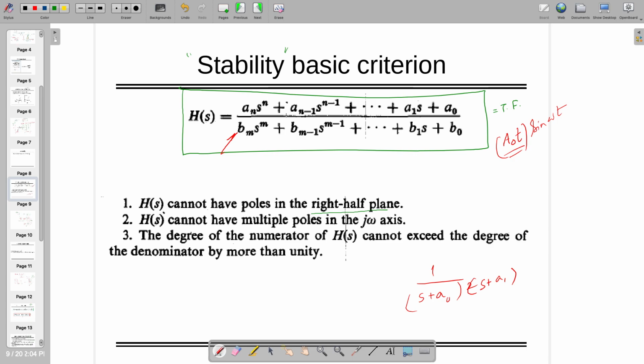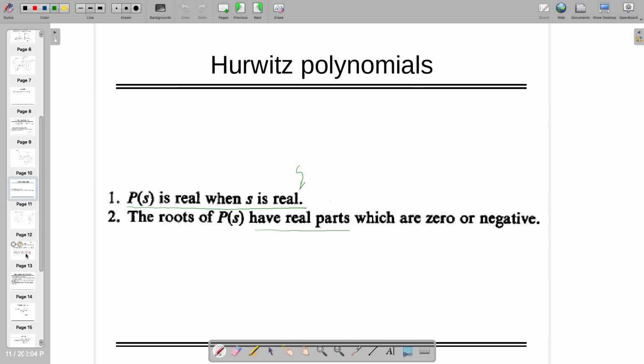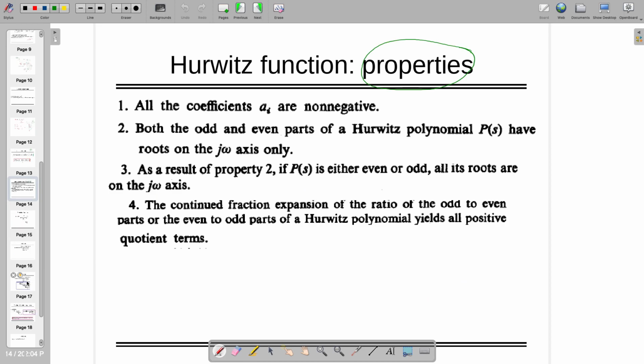In this, all the coefficients ai associated with the numerator have to be non-negative. There is one more thing: both the odd and even parts of a Hurwitz polynomial P of S have roots on the j omega axis only, to synthesize this using inductor and capacitor.